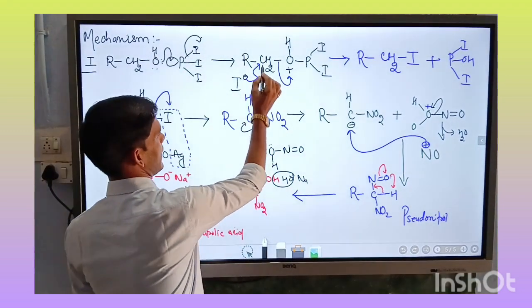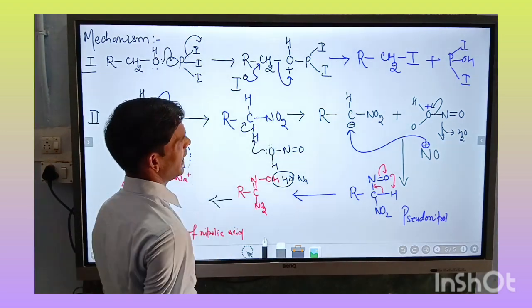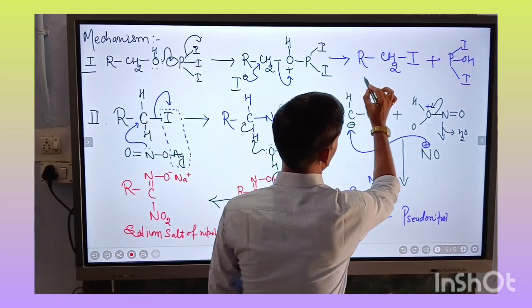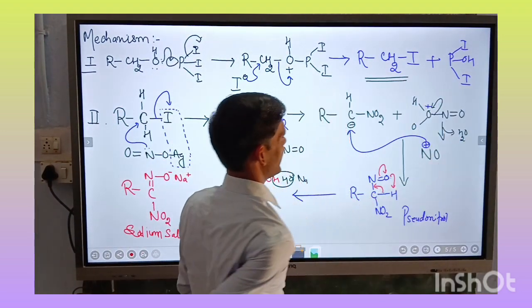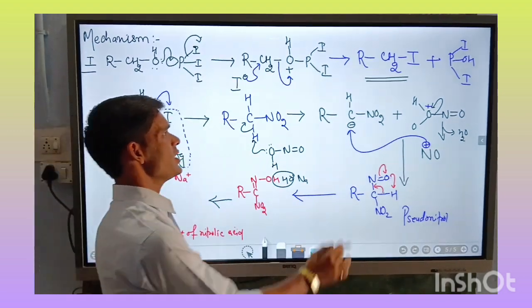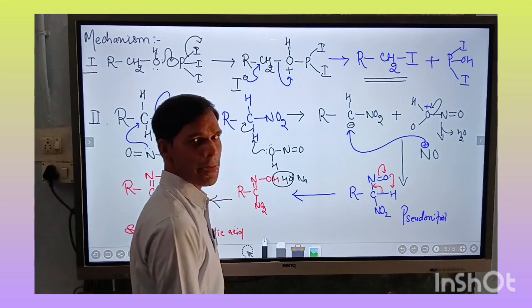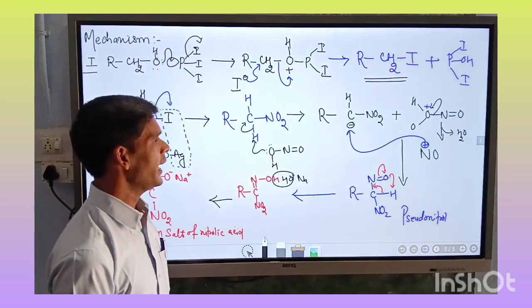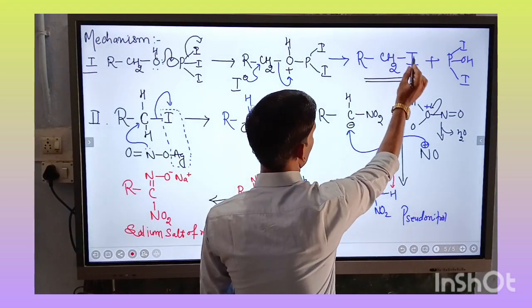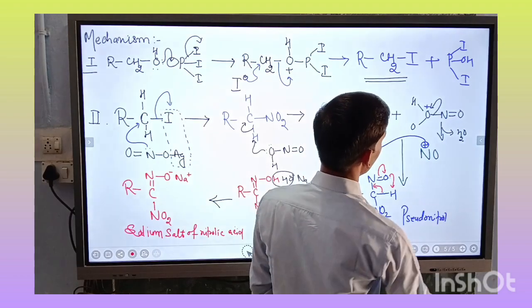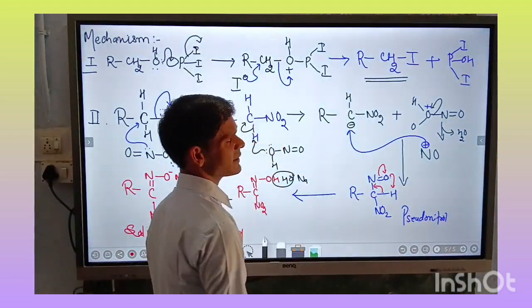This nucleophile attacks the electrophilic center, giving us iodoalkane. This reaction proceeds 3 times and gives us 3 molecules of iodoalkane and phosphorous acid.